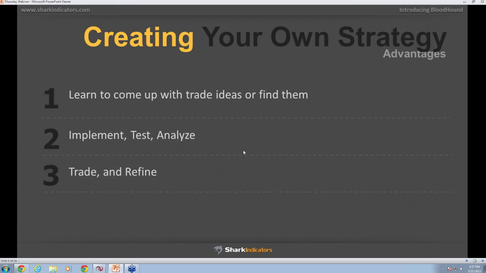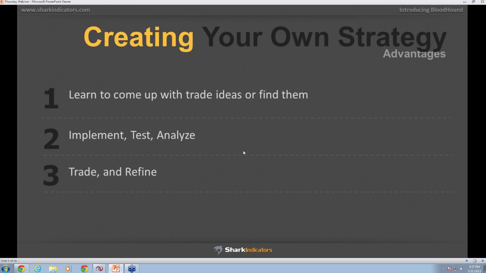This lends itself to why create your own strategy versus taking something else or getting something handed down to you. As I was alluding to, these professionals constantly evolve their strategy over time. The key is that they learn to come up with their own trade ideas. They invent them, literally.